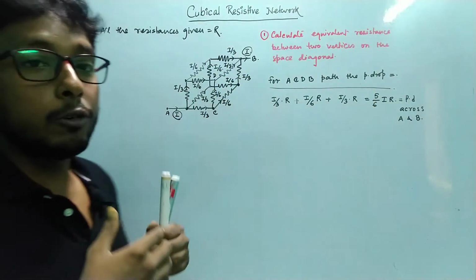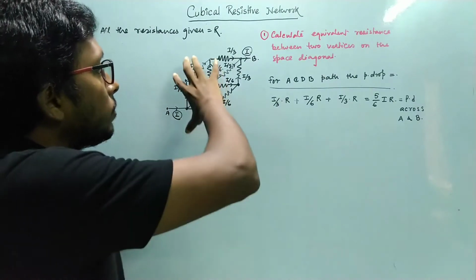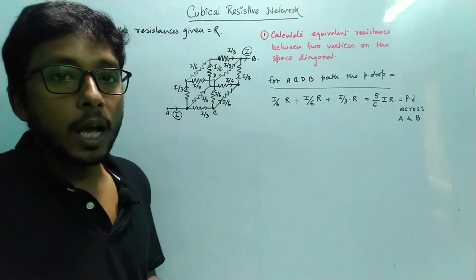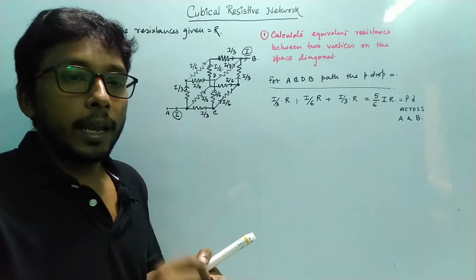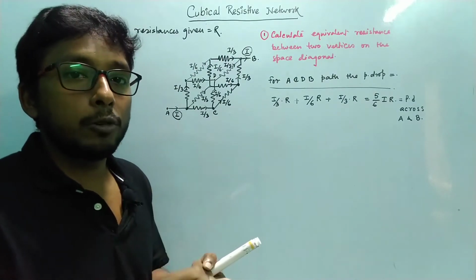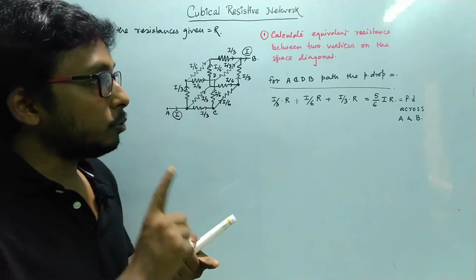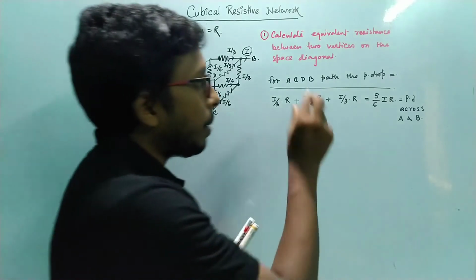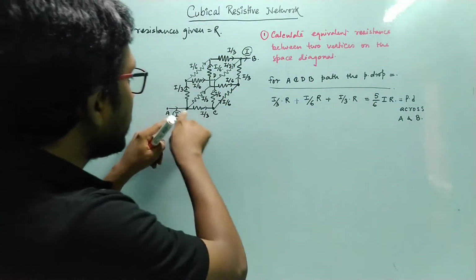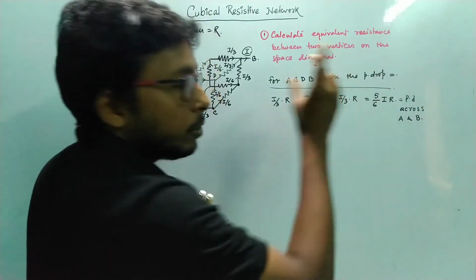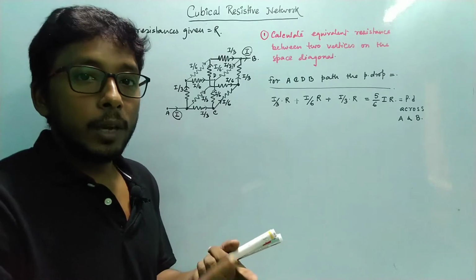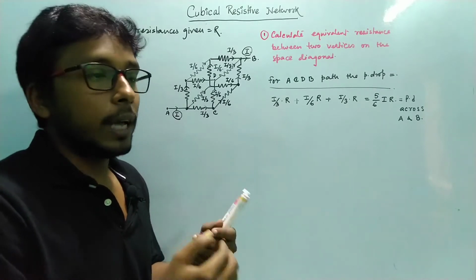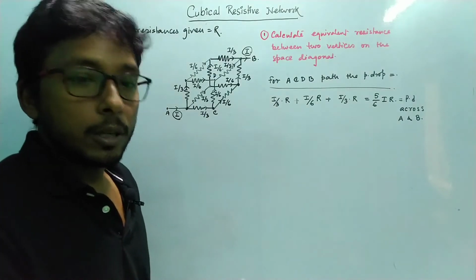Now let's see the equivalent circuit for it. If instead of all these resistances I connect a single resistance, and through which if I send amount of current I, then it will drop the same amount of potential as the potential drop between A and B, then this resistance will be called effective resistance, or I can say equivalent resistance.